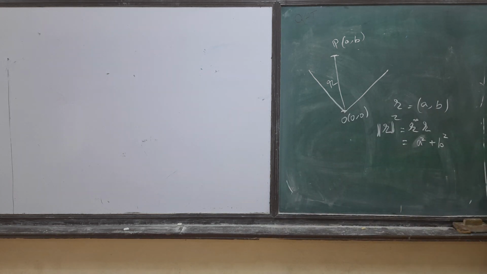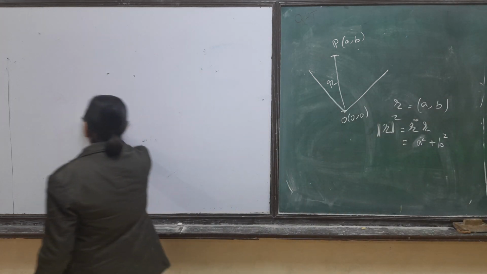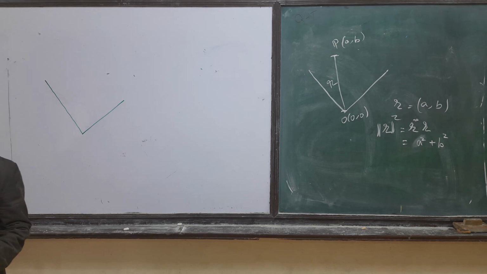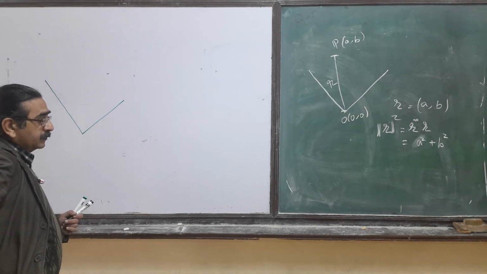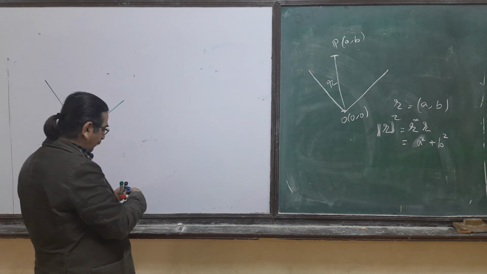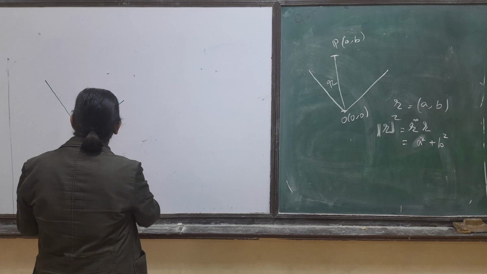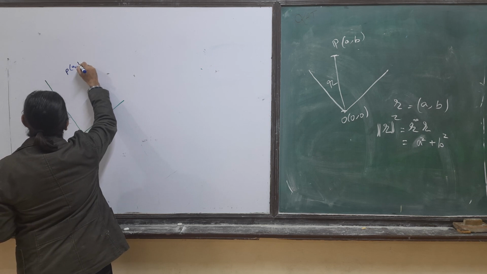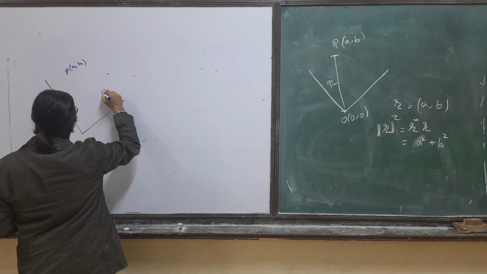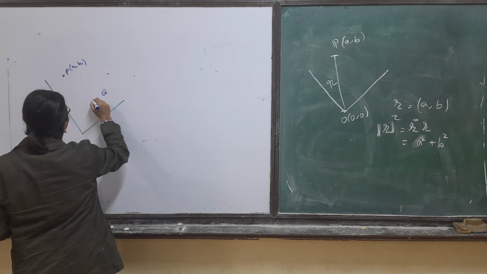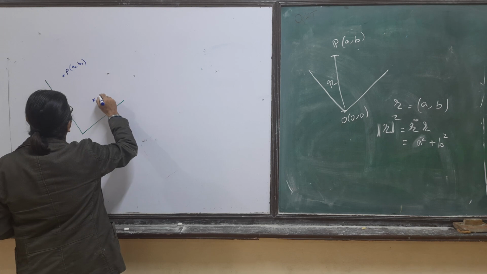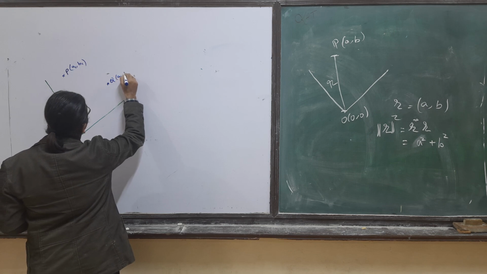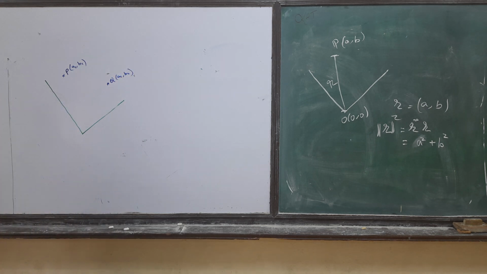Similarly, if this is the same axis, if there are 2 points, P is A1, B1, and Q is A2, B2.